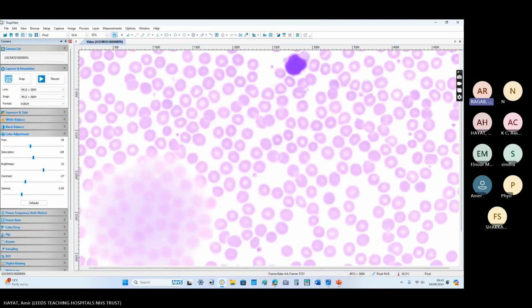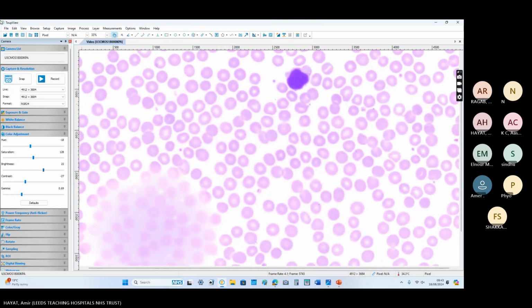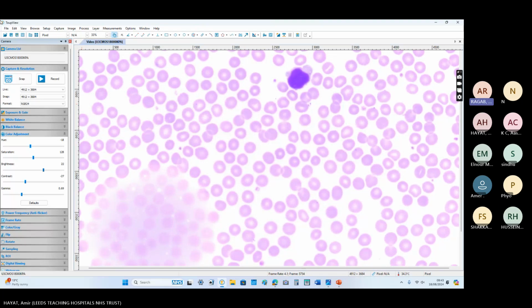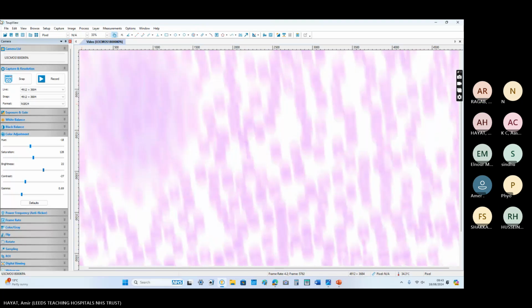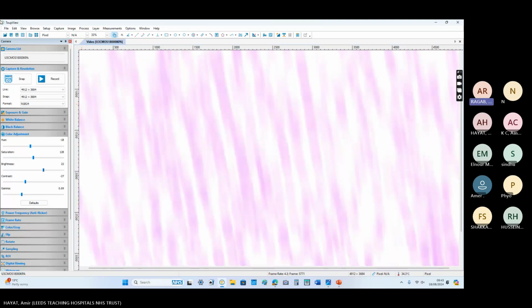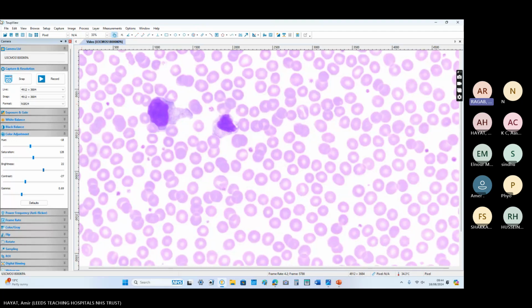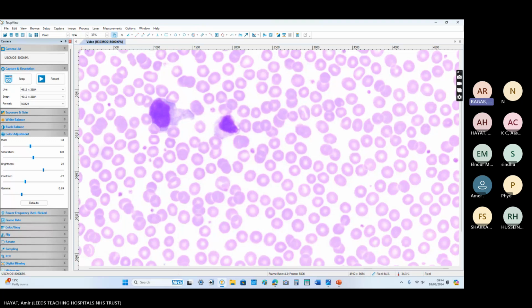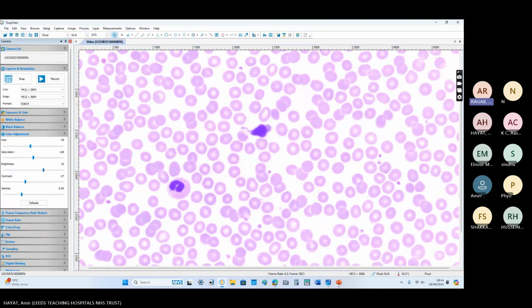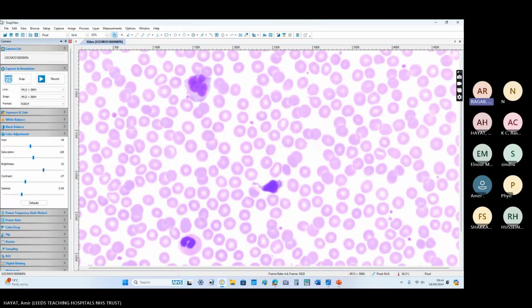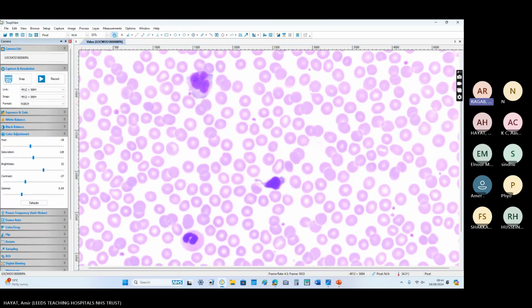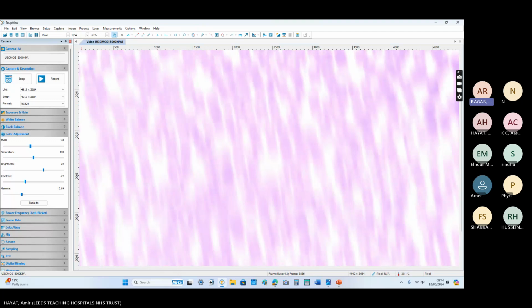No obvious blast could be seen. Preserved hemoglobin and platelet counts. To exclude infection, mainly infectious mononucleosis.